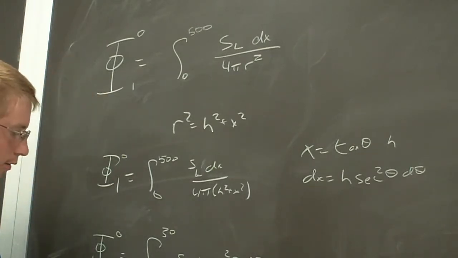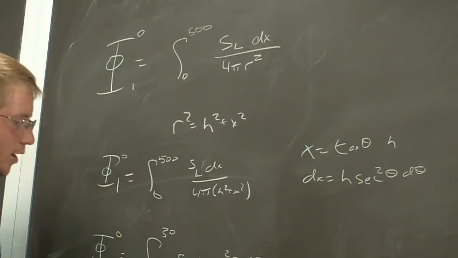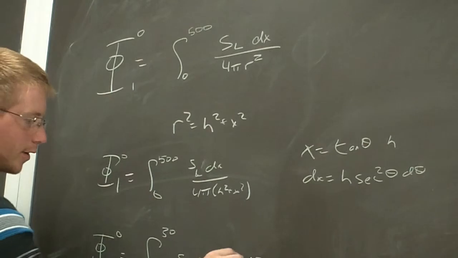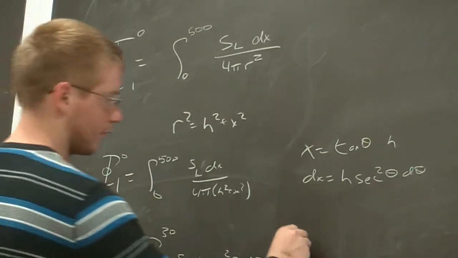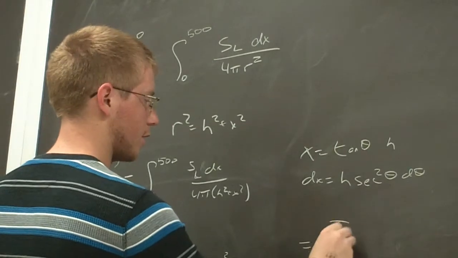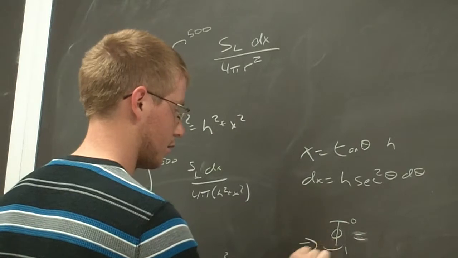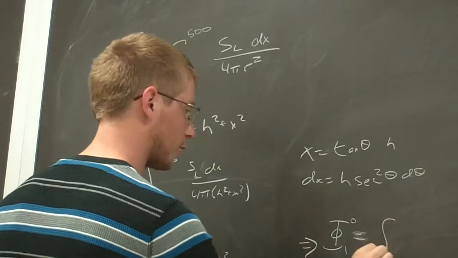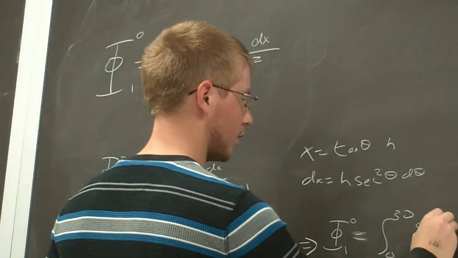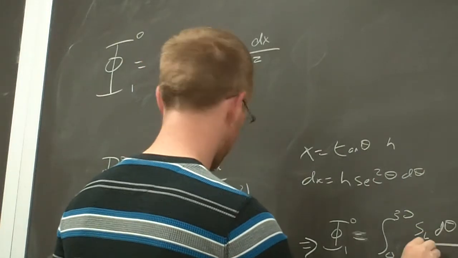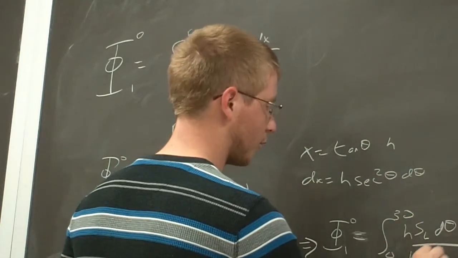Pull the h squared out, and you get a trig identity. The secant squared goes away, and this goes away. So we're left with a not so bad integral, 0 to 30, SL d theta, over h 4 pi.